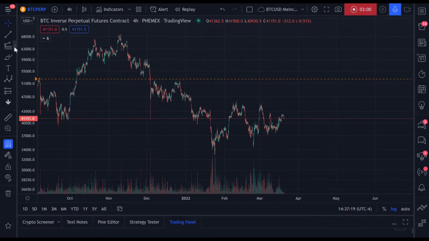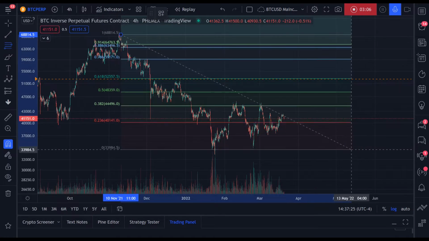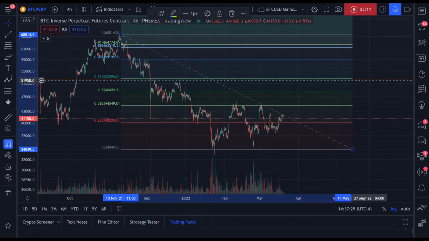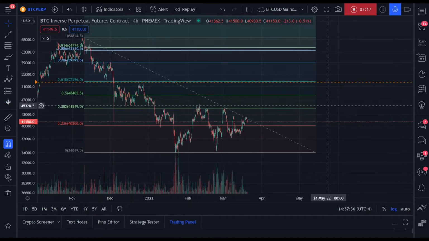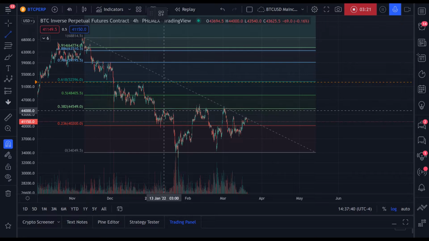Let's pull a Fibonacci retracement from the top of this move to the bottom, which is here. And you can see where I have this alarm, okay? Right at the 618, all right? And this is where I anticipate our next move to end, all right?